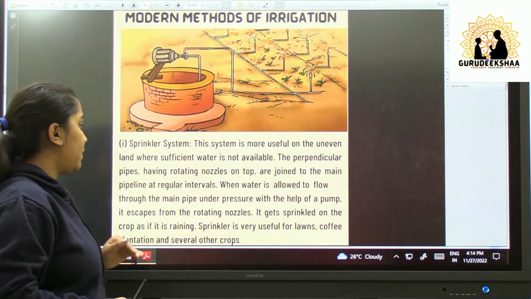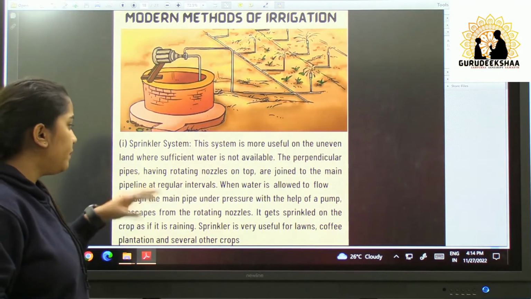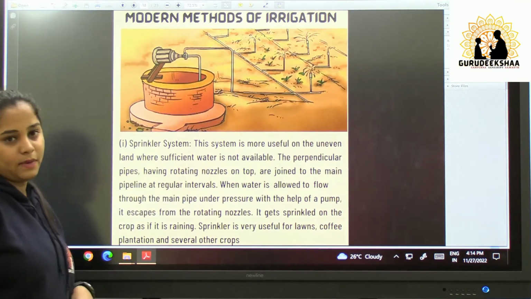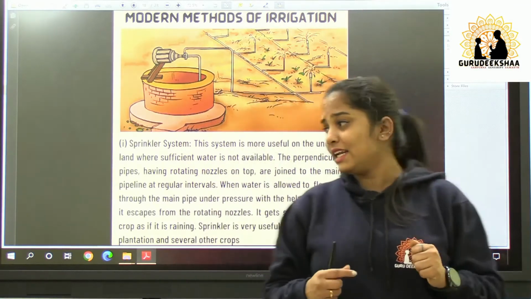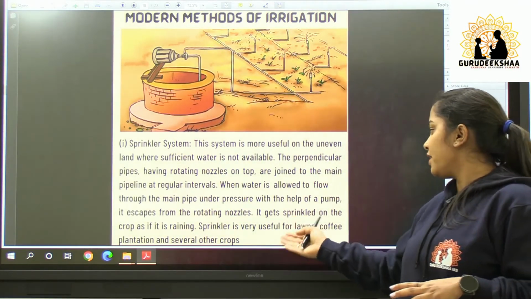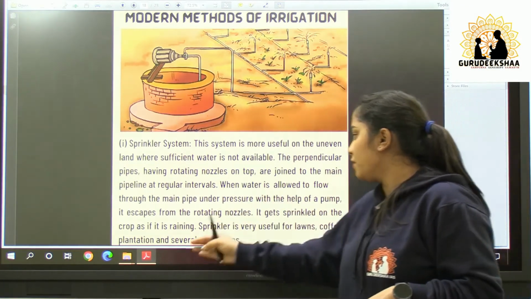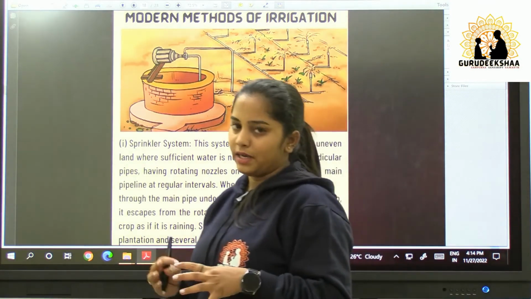Perpendicular pipes with rotating nozzles on top are joined to the main pipelines at regular intervals. It acts like rain for the plants. The sprinkler is very useful for coffee plantations and several other crops, mainly coffee.